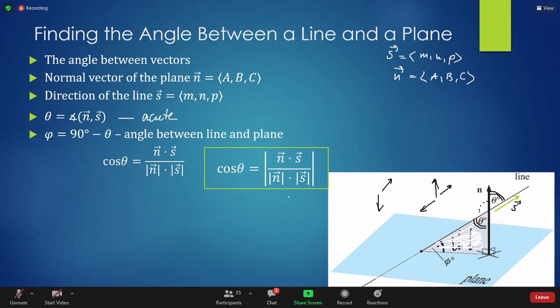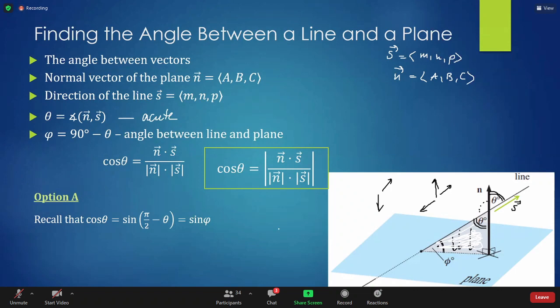Now, next, we have two approaches. First option, remember that in the right triangle, what is cosine for one acute angle is actually sine of the other angle. The cosine is adjacent side divided by hypotenuse, and the sine is opposite side divided by hypotenuse, right, from the right triangles, which means what is adjacent to one angle is actually opposite to the other angle. What is sine for one is cosine for the other.